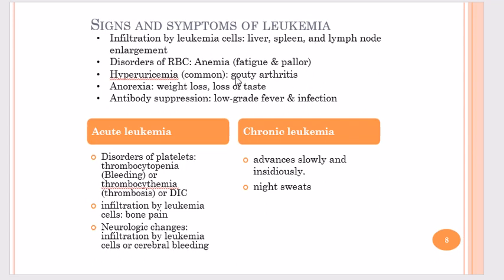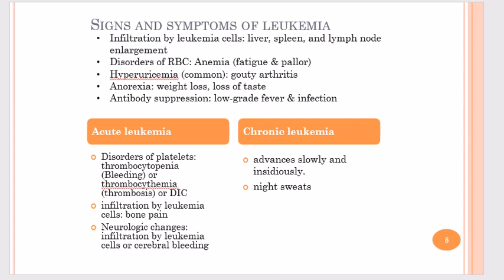Pallor, paleness. And it can also affect the production of antibodies, which can then cause symptoms such as low-grade fever and infection, because we're not producing antibodies, our lymphocytes, that help us fight off infection. So we might be more prone to be infected by pathogens that would otherwise be relatively easy to fight off.